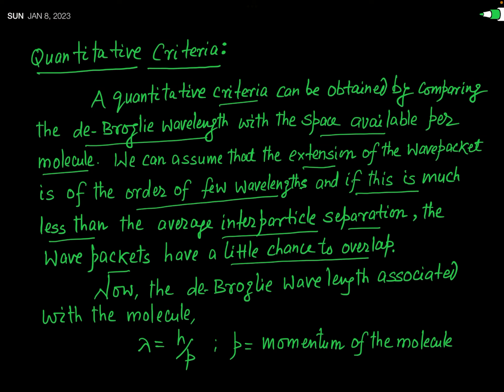So don't think that a system of perfect gas or a dilute gas is purely a classical system. This may be treated like a quantum system too at low temperature, because at low temperature there will be a chance that the de Broglie wavelength is comparable to the interatomic separation. The wave packets get overlapped. In that condition, the particles will become indistinguishable, and then you will have to apply quantum statistics to the same system.